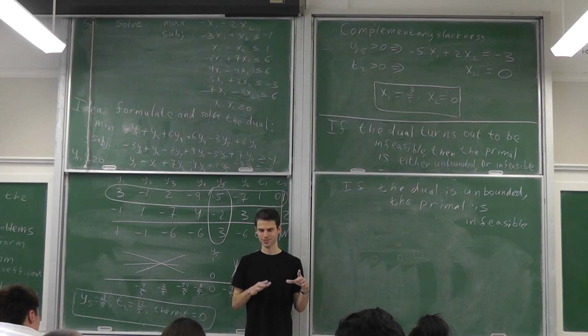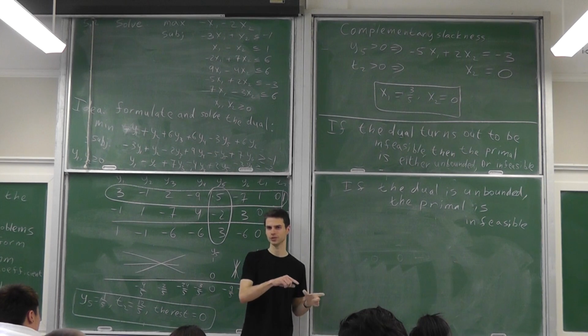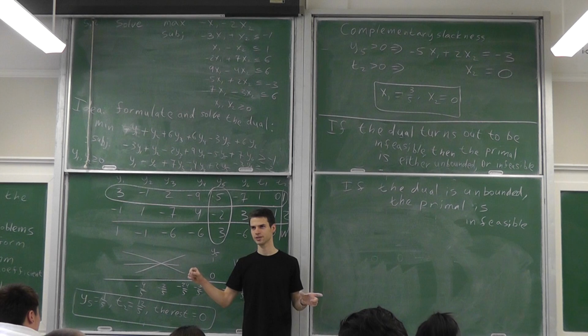So there are two notions. One is that every dictionary for the primal gives you exactly one solution to the dual, which is optimal, which corresponds to just the coefficients in the last row of this dictionary, but it will not tell you that this solution is unique.